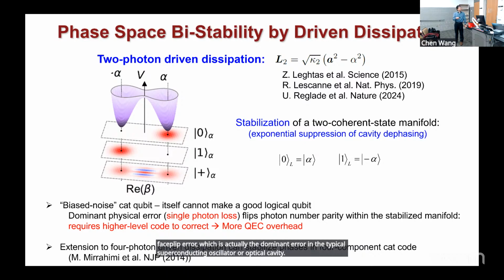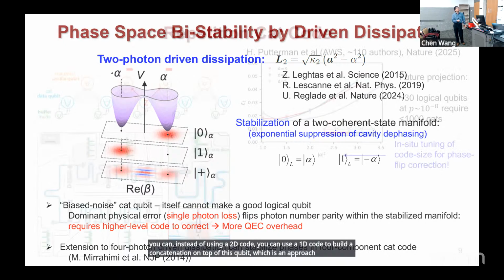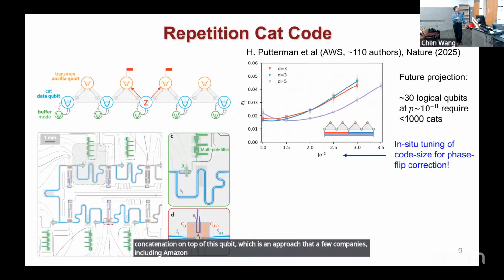Nonetheless this is a very active field of research, because now, instead of using a 2D code, you can use a 1D code to build a concatenation on top of this qubit, which is an approach that a few companies, including Amazon AWS, have been pursuing.